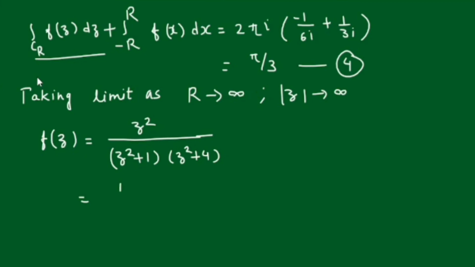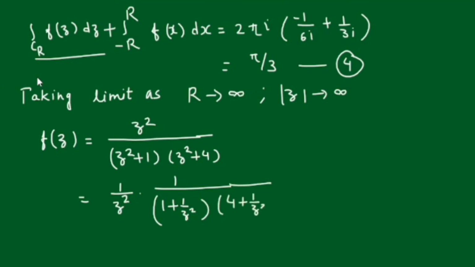Now this function can be written as 1 by z square into 1 by 1 plus 1 by z square into 4 plus 1 by z square. Now we apply limit z tends to infinite here, f(z).